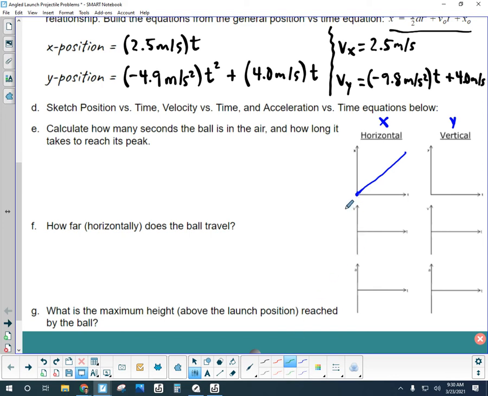The velocity graph is just steady, right? And I even know so much that it's going to be at 2.5 meters per second. And in the x direction, the acceleration graph is just 0.